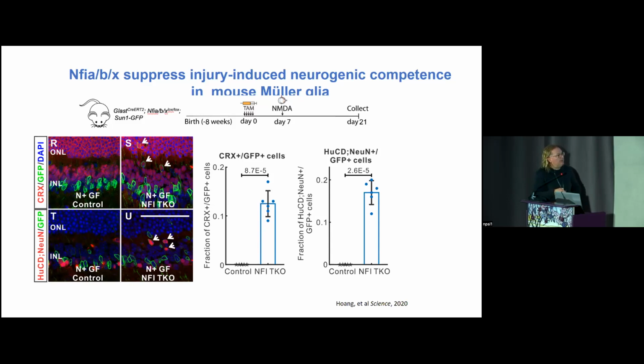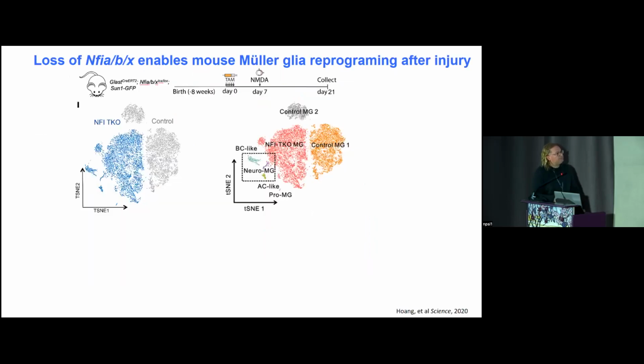They start to migrate radially, some going up into the photoreceptor layer, and they start to express both CRX and HuC/D. So markers of photoreceptor, bipolar and amacrine cells. And this is never seen in the control.